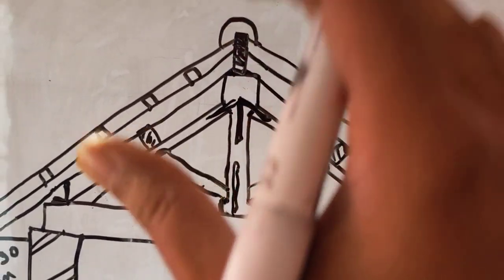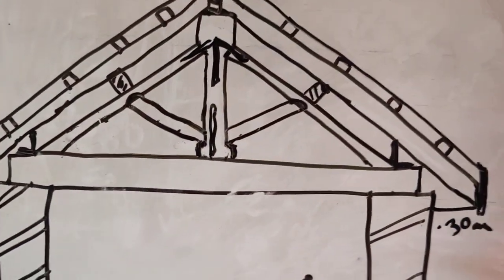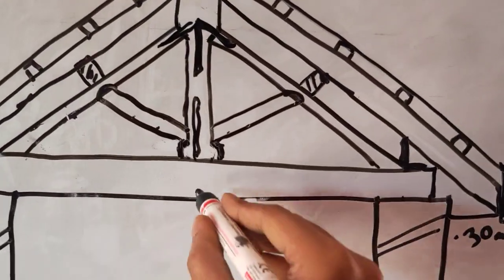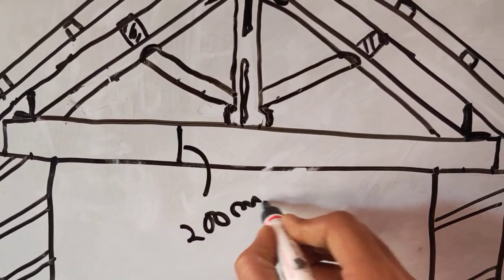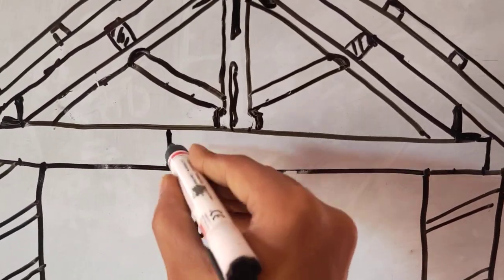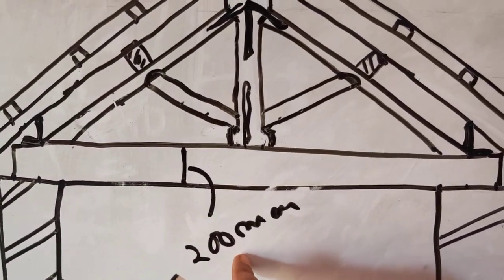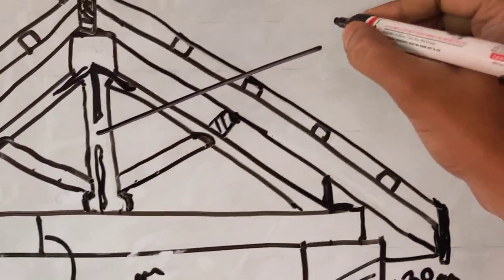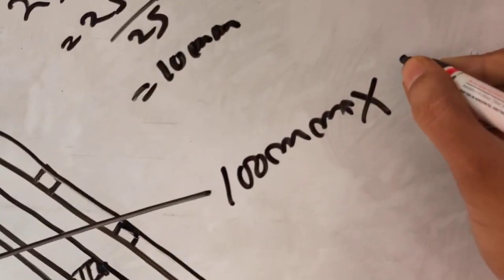Whatever the size in the drawing is given, you will have to give that size, not the size that you are drawing. Suppose this is 200 millimeter. How much are you drawing? You are drawing only 8 millimeter, but you have to write the actual dimension, 200 millimeter here. What is the size of the king post? 100 mm by 100 mm.